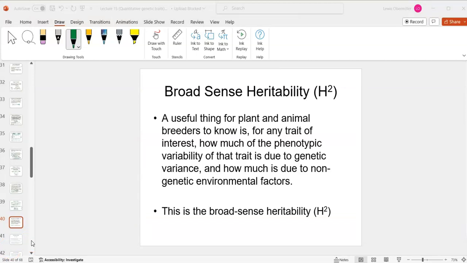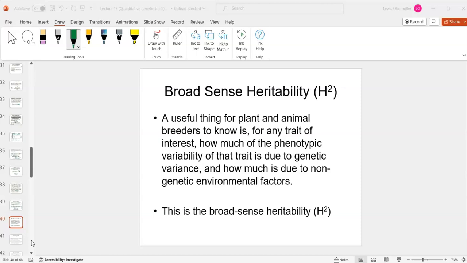Okay. When we're doing quantitative genetics, one of the things that we want to know is what factors of an individual's phenotype are due to genetics and what factors are due to the environment. Quantitative genetics has figured out mathematically how to calculate what we call the broad sense heritability, which is defined as the proportion of the phenotypic variance that is due to genetic differences among individuals in a population.